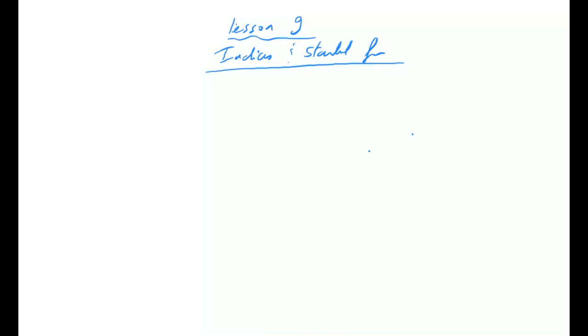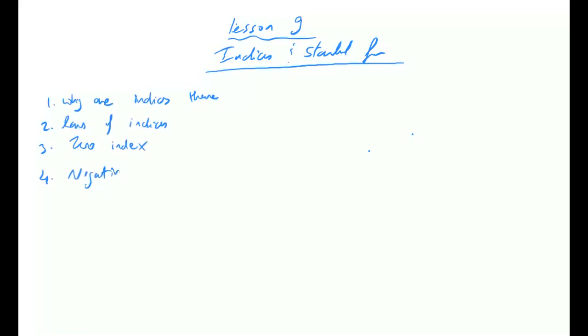So we will be saying today, number 1, why are indices there? Number 2, laws of indices. Number 3, zero index. Number 4, negative indices.